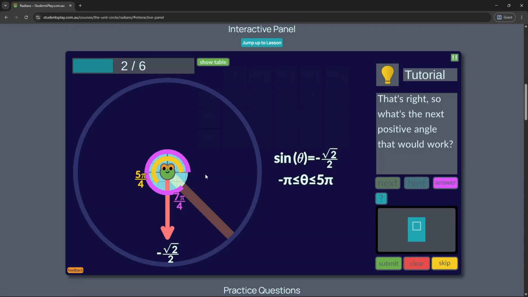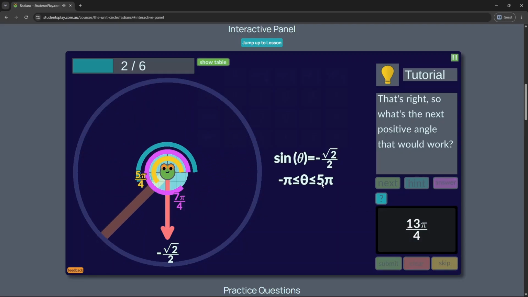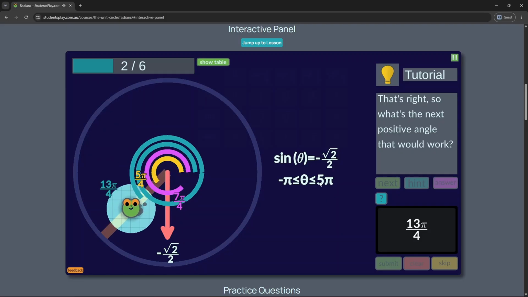And 2 pi, in terms of pi on 4s, would be 8 pi on 4, and then adding that, that's 13 pi on 4. So I'll type that in. If we wanted to check it against the 5 pi, we have to make the 5 pi be over 4. That would be 20 pi on 4, and the 13 is less than the 20. So we're good.